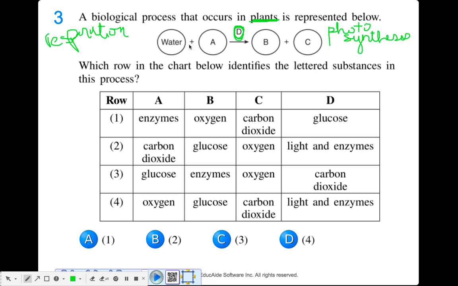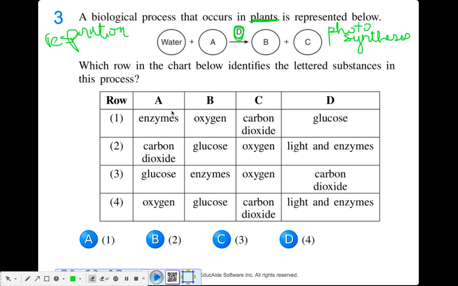Let's see, if we had water plus enzymes in the presence of glucose produces oxygen and carbon dioxide. That doesn't sound right. We know that we don't really have any chemical reactions where oxygen and carbon dioxide are both produced. And enzymes are not really reactants. They more help things along. So I'm going to go no for that one.